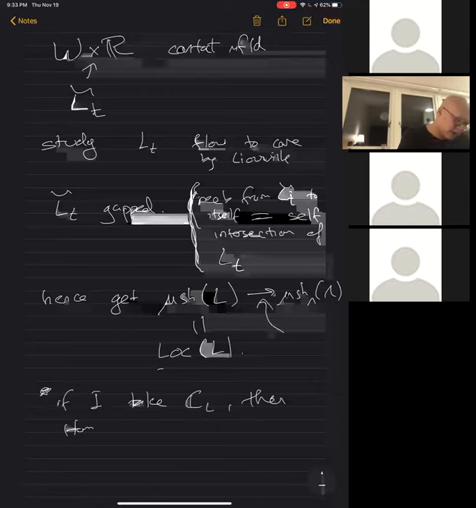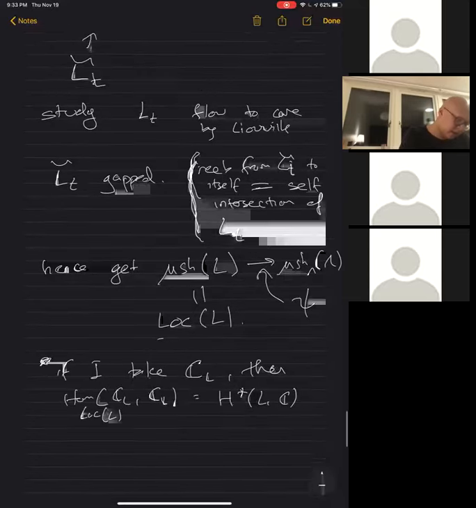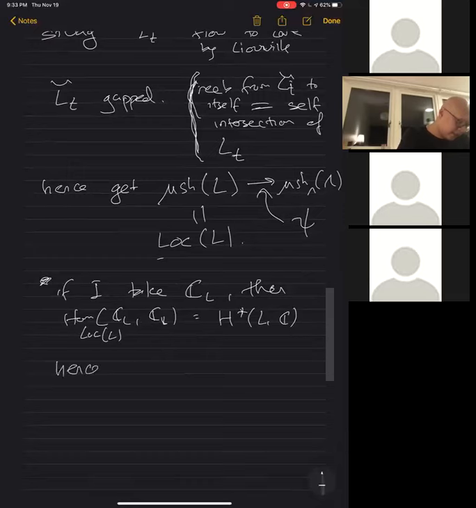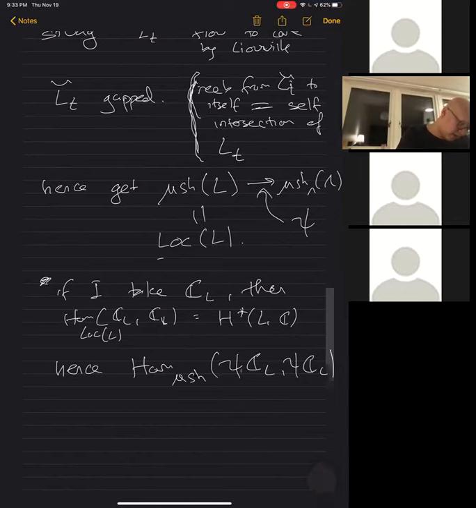I'm going to give this functor a name. It's going to be called psi. Hom in loc L of C_L is certainly nothing other than the cohomology of L. And hence, by full faithfulness, hom in mu sheaves of this object, which I promise you, is also equal to the same.